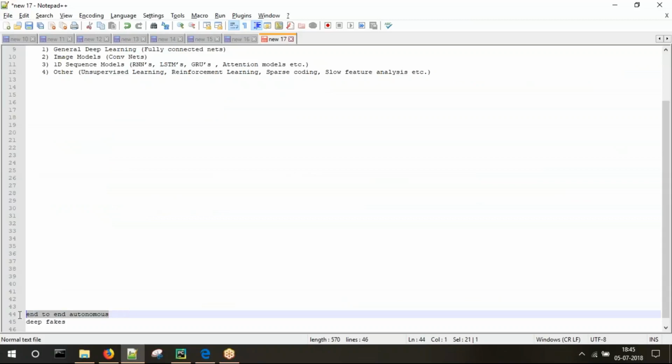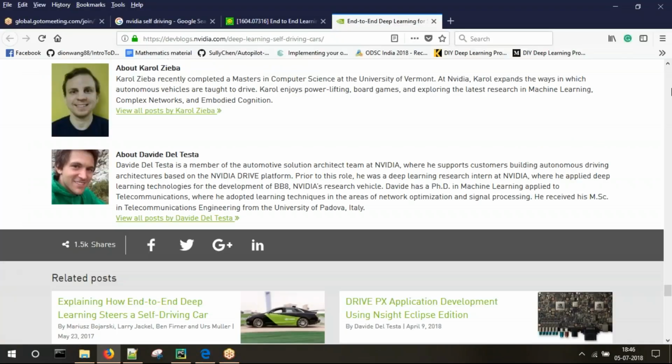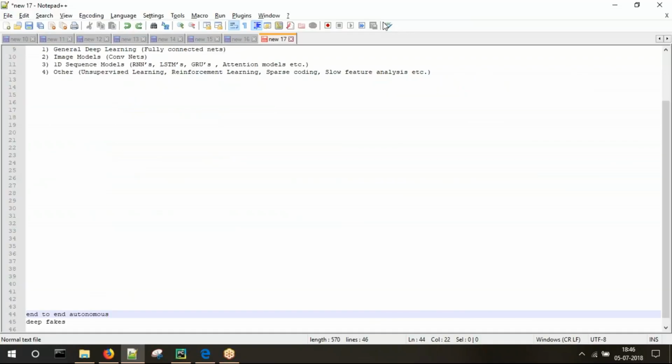Okay, so having said that, there's also something known as deepfake, in which we, let's say, superimpose an image on some other person. There's actually a very good video by Siraj Raval on that. End-to-end autonomous driving is provided by NVIDIA itself. You can go to the official website or some dev blogs, and you can find some good pointers going ahead.